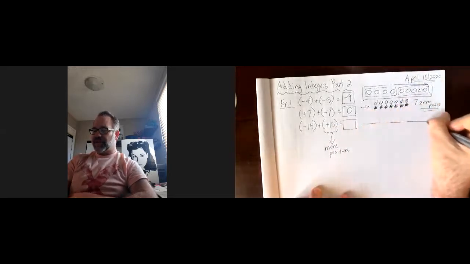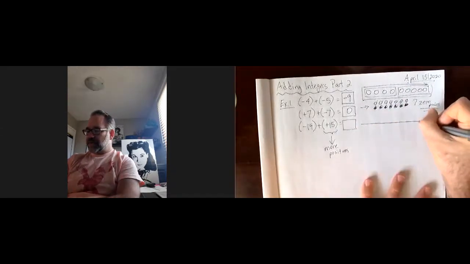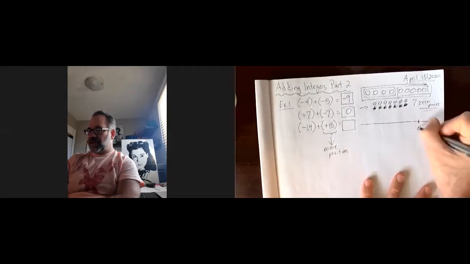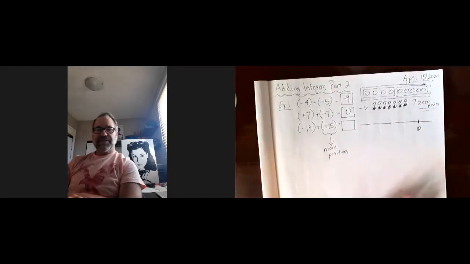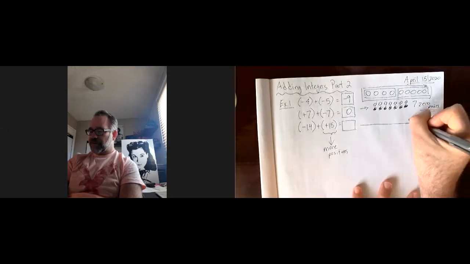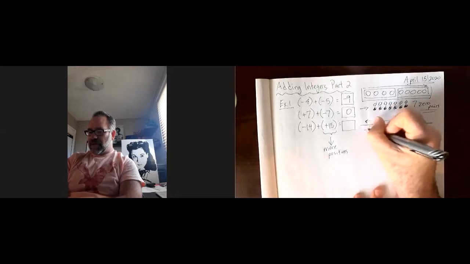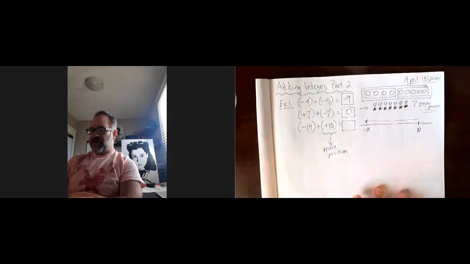We're going to think it through. Sometimes we put 0 right in the middle on a number line, but it's not necessary because it's an imaginary place. It is right in the middle between all positives and negatives, but we're concerned more about using the part of the number line that we need.